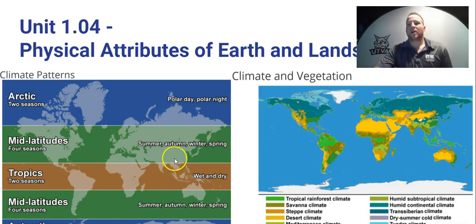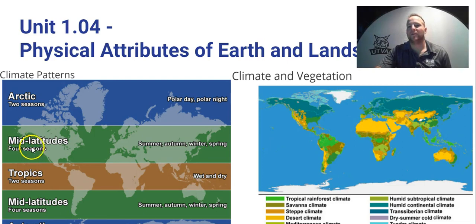Okay, as we're also talking a little bit more about temperature and climate, as you can see here, this is where the equator would go through, this line in the middle. The tropics basically have 2 seasons: a wet season and a dry season. So their winter is basically their wet season.